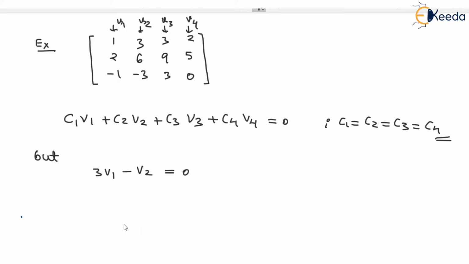So this means we have c1 equal to 3, c2 equal to minus 1, c3 equal to 0 and c4 also equal to 0. So there is one more combination of c1, c2, c3, c4 which makes the linear combination 0, apart from the condition that these are all equal to 0. So in this case we can say that the columns of this matrix are actually linearly dependent.